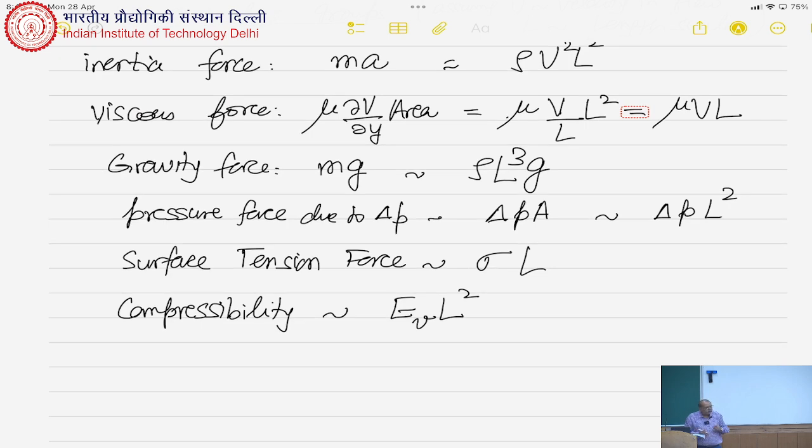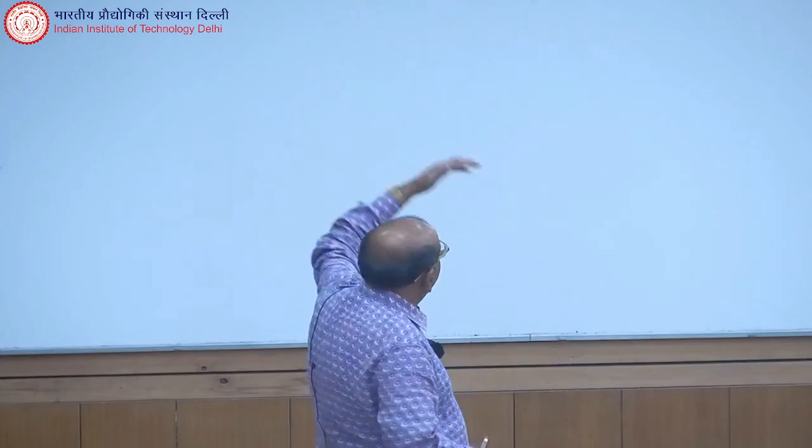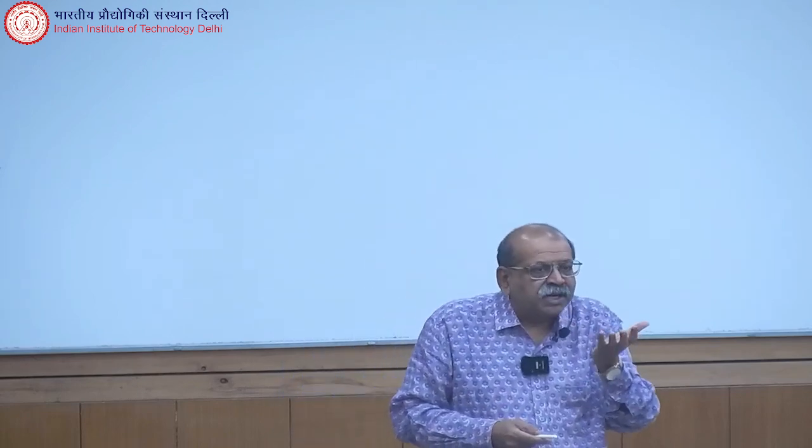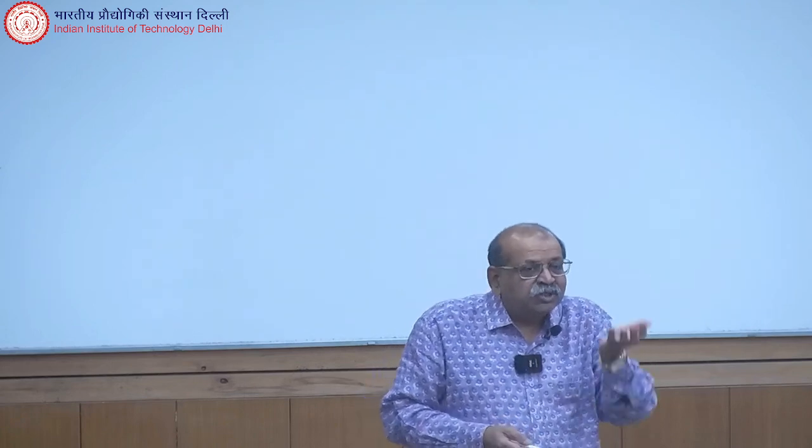But then what we do is, the reason I'm writing all this is, we take ratio of different forces. And typically, we always use inertia as one of the bases, because inertia gives you mass times acceleration. So suppose I want to find how much important is the viscous force with respect to the moving fluid.